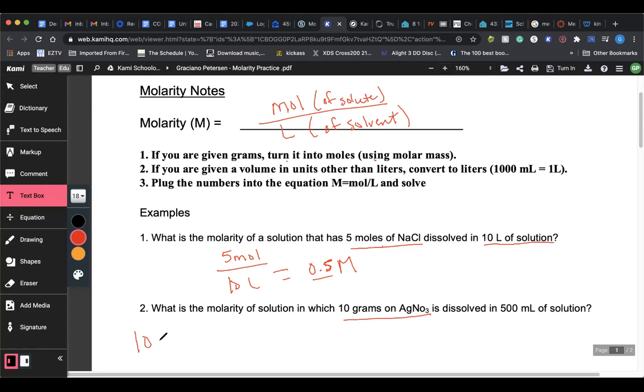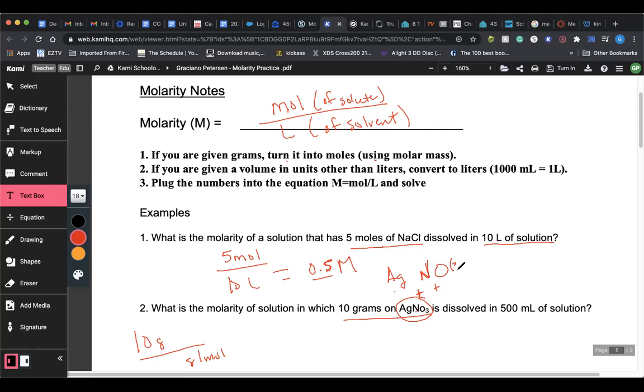So that means I have to take my 10 grams and divide it by the grams per mole, but I have to find that by using my periodic table. So I have to find my measurement for silver, for nitrogen, and my measurement for oxygen as well, and add all 3 of those together.